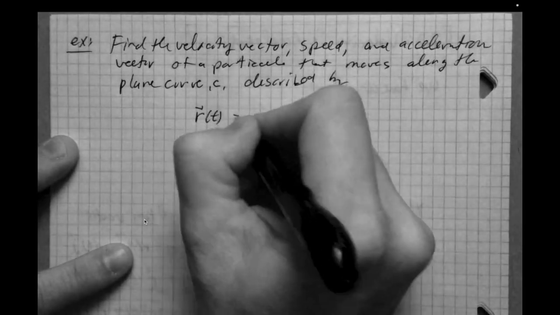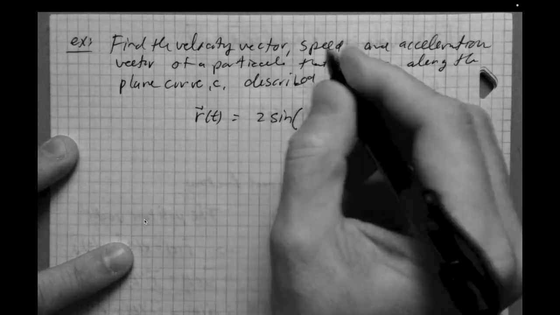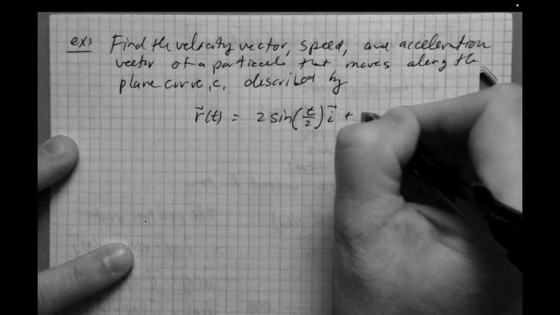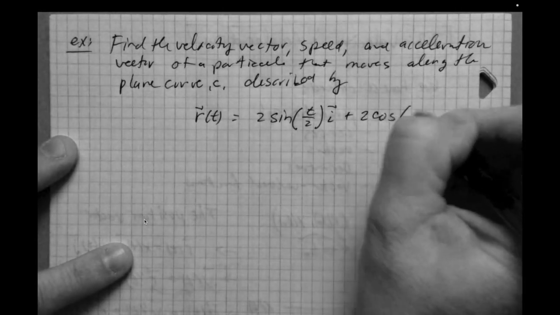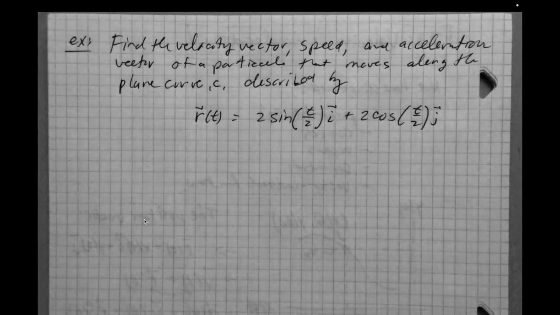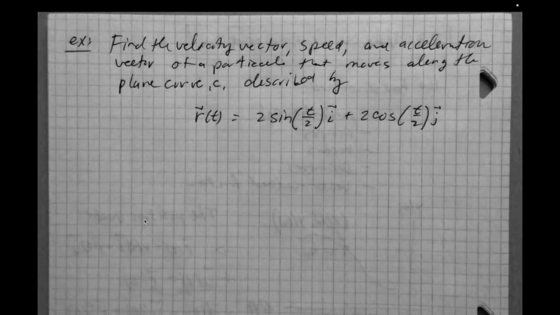It's going to be r of t equals 2 times the sine of t over 2 times i plus 2 times the cosine of t over 2 times j. So we've got some position function, and what we want to do is identify the velocity and acceleration functions for this, and we also want to know the speed at time t.